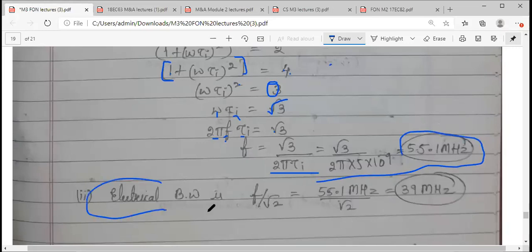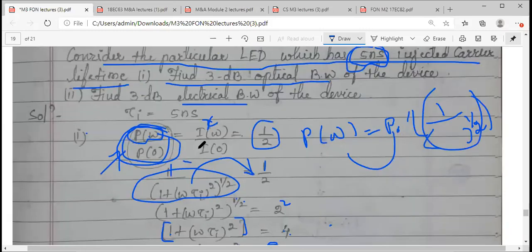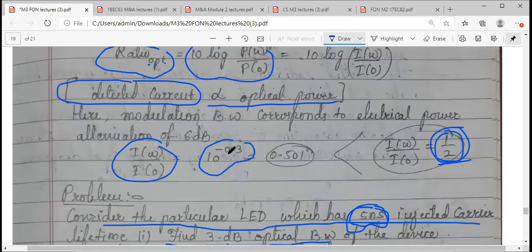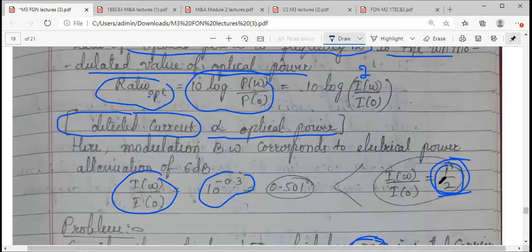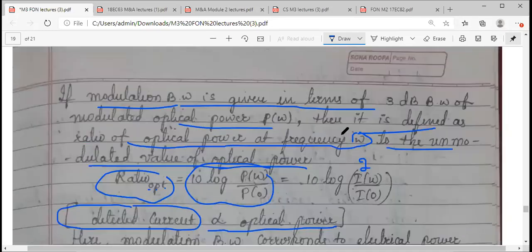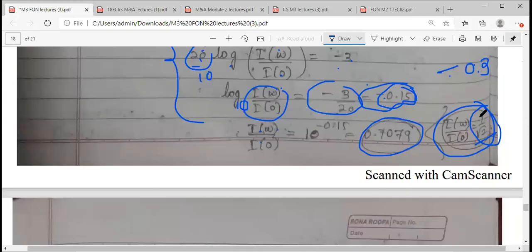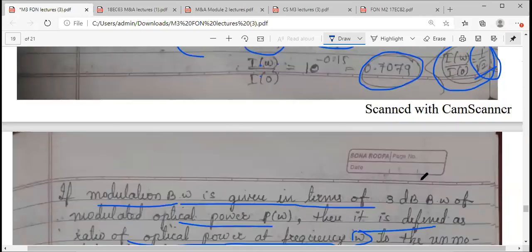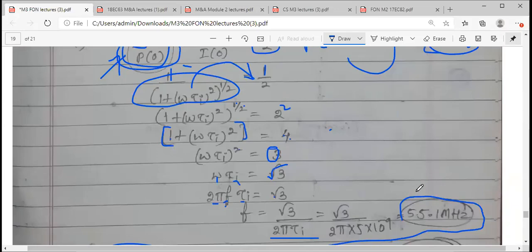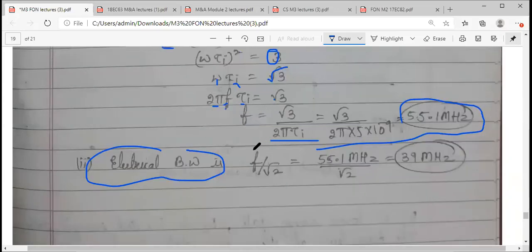Now talking about the electrical bandwidth. The difference between electrical bandwidth and optical bandwidth is this: in optical bandwidth we take the ratio 1 by 2, but here the value is 1 by root 2. Okay, so going in those terms, I can relate it. Whatever bandwidth we got in optical power, if you multiply it by 1 by root 2, you will get the electrical bandwidth.